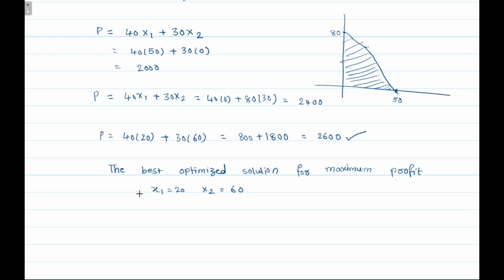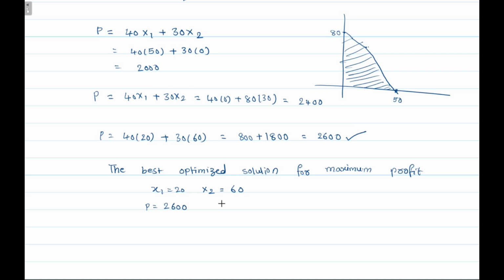Okay. Here you are getting the profit of 2600. That means if you produce product A 20 units and product B 60 units, you will get the maximum profit. So this is the optimized solution for this scenario based question.